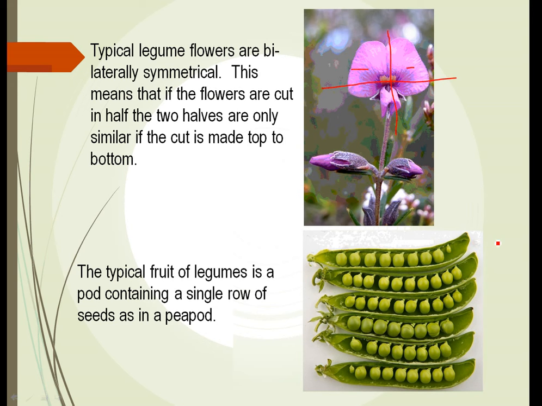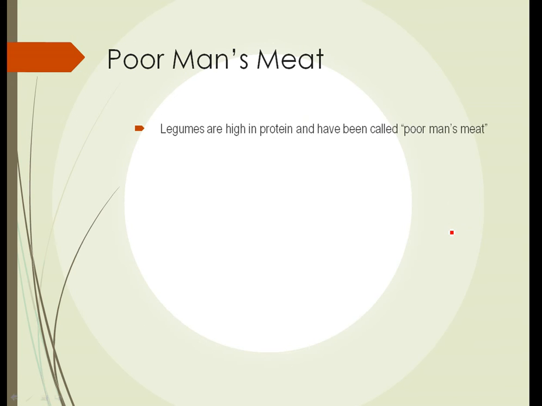Down below you can see a typical fruit. These happen to be peas in a pea pod. You have a single row of fruit or seeds arranged in a pod, and that's typical of almost all legumes. Legumes are extremely high in protein and have been called the poor man's meat, and they can fix atmospheric nitrogen into a form that plants can use.